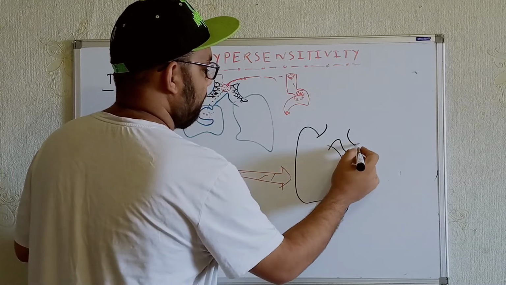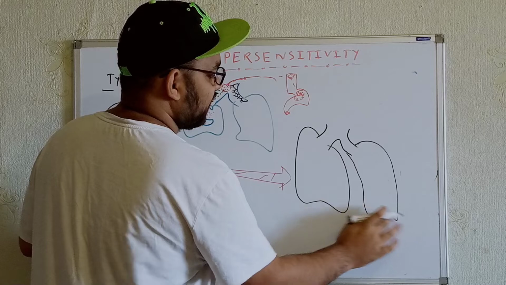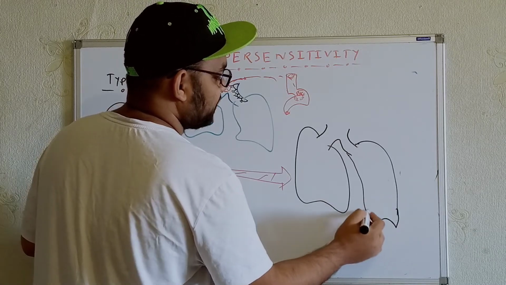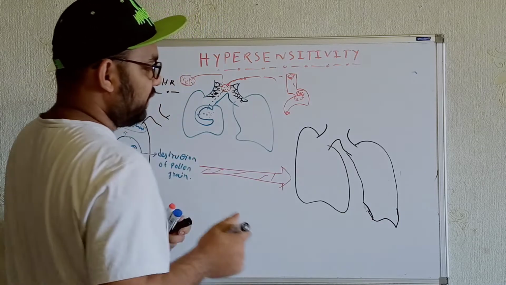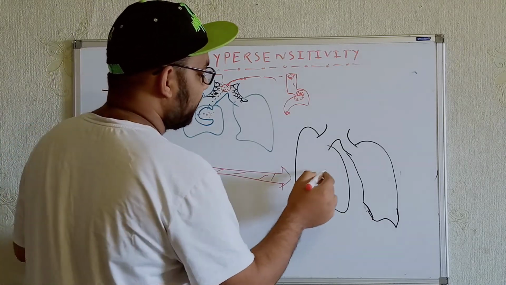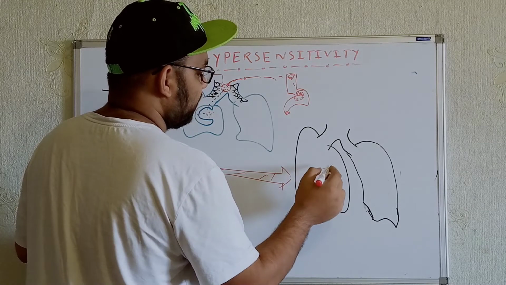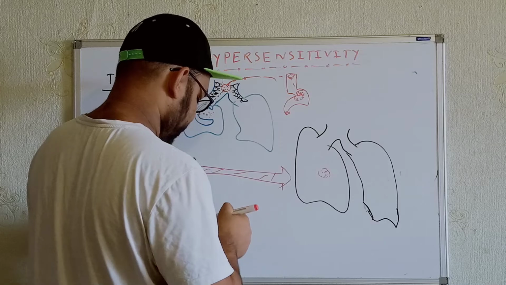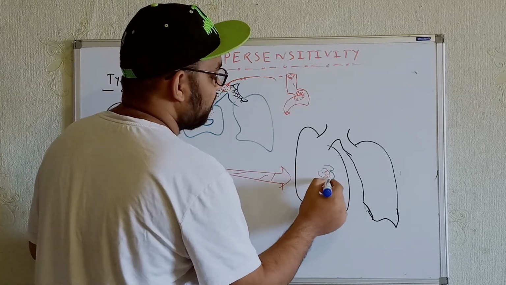It's not anatomically correct, but for understanding purposes, just take it normally. Now see, whenever the pollen grain has come here, the macrophage has been stimulated for the production of lysosomal enzymes.